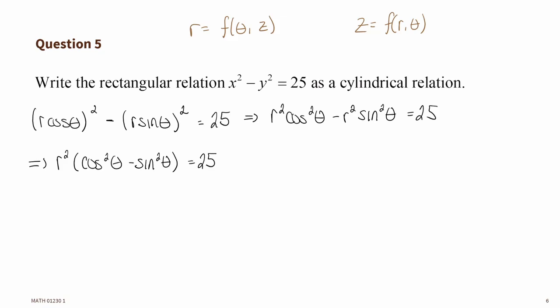I'm going to do that later. What's that to that? Well, not x. Or 2 theta. That's the double angle identity for cosine. I could leave it like that. Let's try and solve for r.